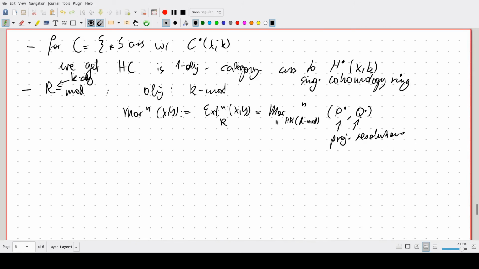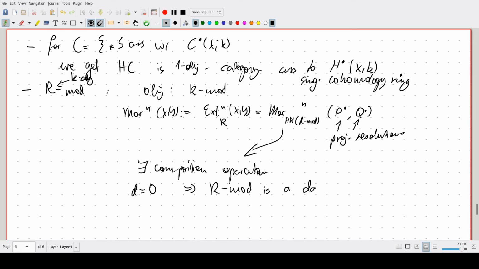And if we define it that way, there is a natural composition operation which, together with the definition of D equals 0, makes R mod into a DG category. And this is sort of a definition that motivates the whole idea of DG categories from the algebraic side.